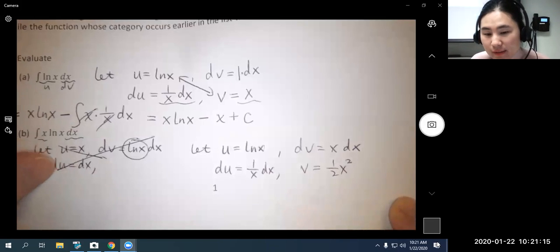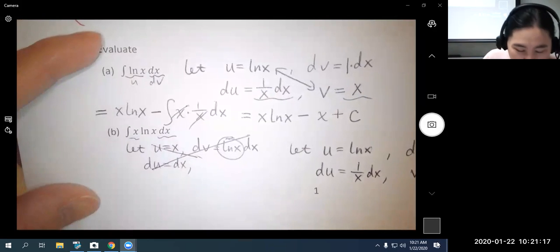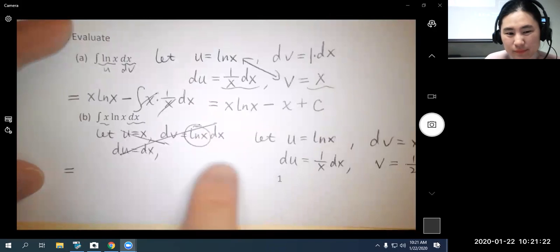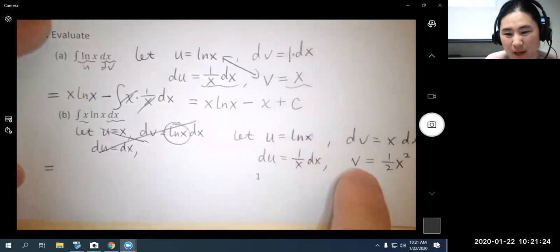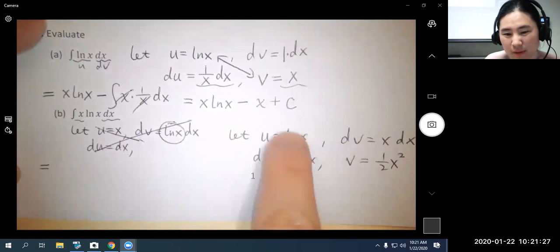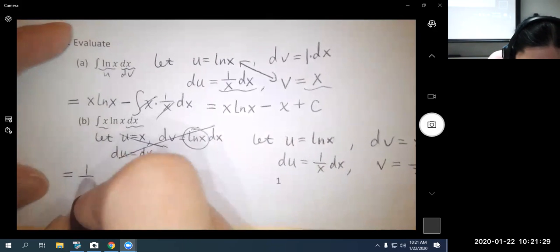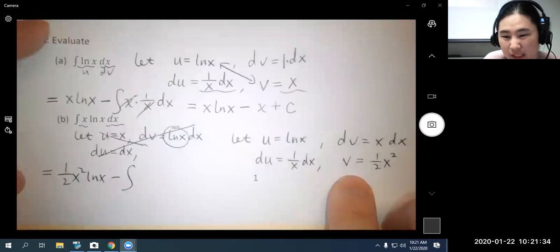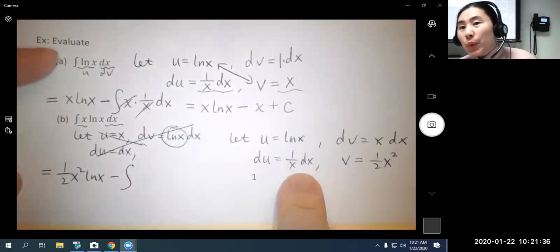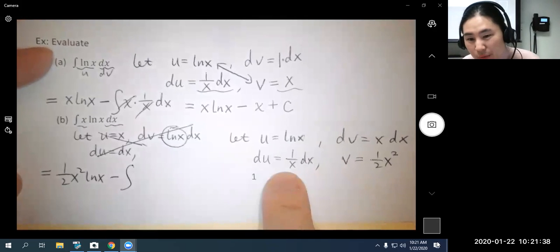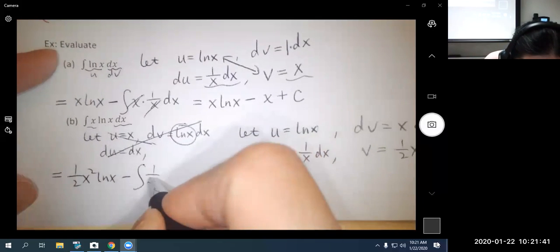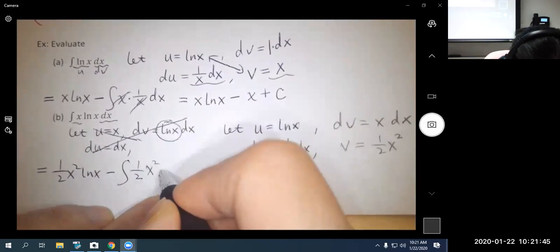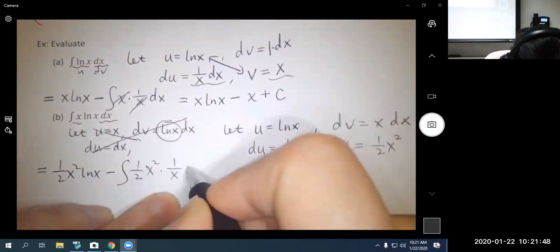So far so good. Now let's see whether we can do the question or not. So this equals integration by parts: u times v, multiply these two, 1/2 x squared ln x minus the integral of v times du. That gives us 1/2 x squared times 1 over x dx.